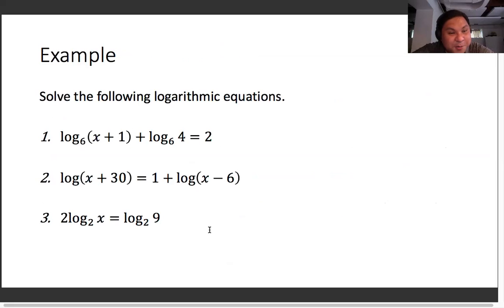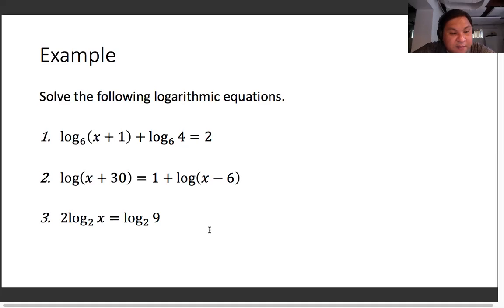So here we have 3 examples of logarithmic equations. Number 1: logarithm of x plus 1 to the base 6 plus logarithm of 4 to the base 6 is equal to 2. Number 2: logarithm of x plus 30 is equal to 1 plus logarithm of x minus 6.